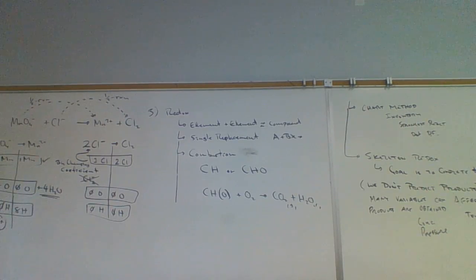So balance charge, but we do this by adding electrons. What we have to do is sum total the charge on the left. Permanganate has a -1 charge, and then we're adding 8 H pluses. And so the total charge on the left is going to be +7.